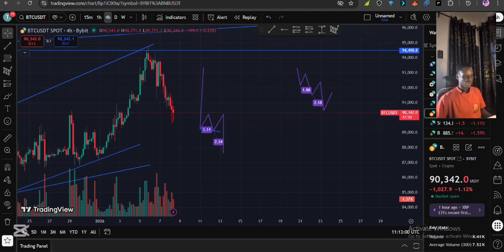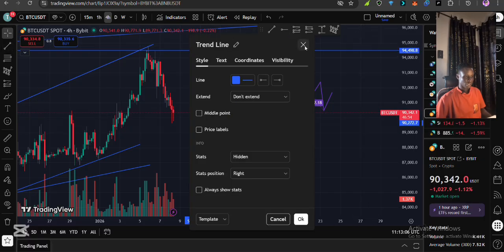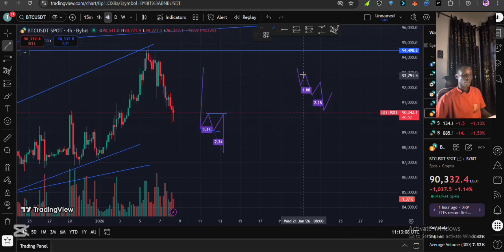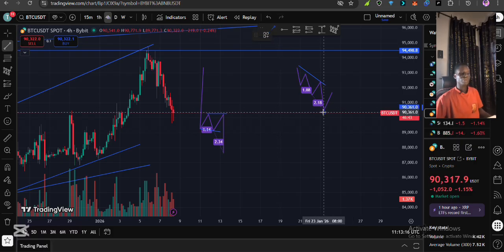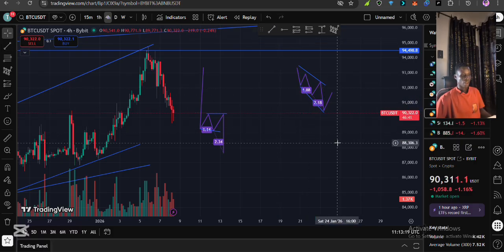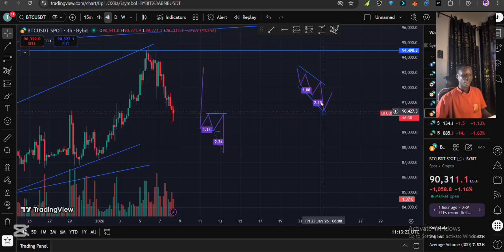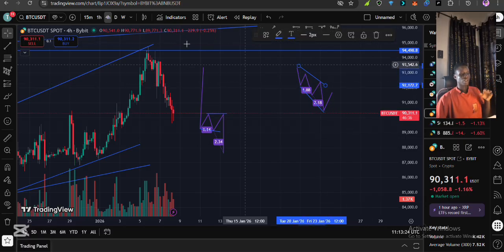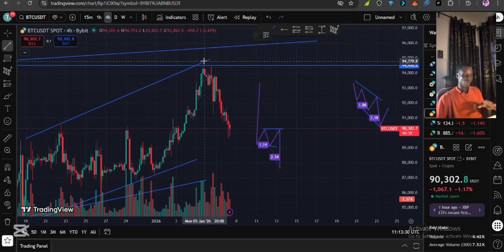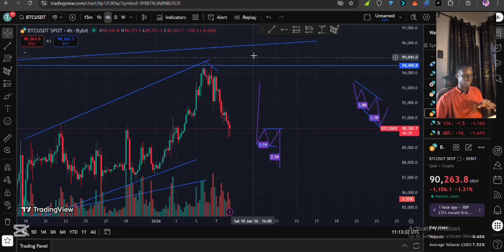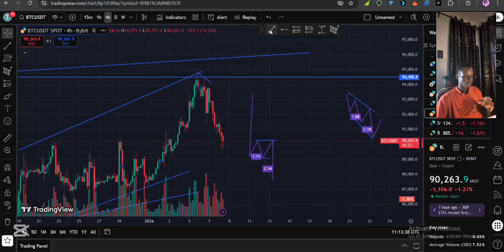So this is going to be giving us something like this, a continuation. While this is moving correctively, showing us a reversal pattern and a possible continuation of the previous trend. So this is what BTC is currently doing on our 4 hours time frame. We have this from that double top and this.